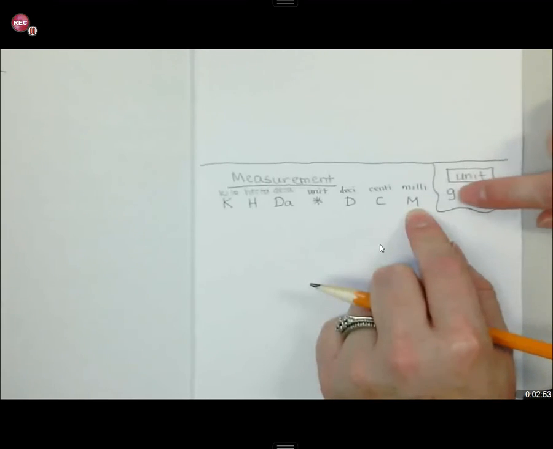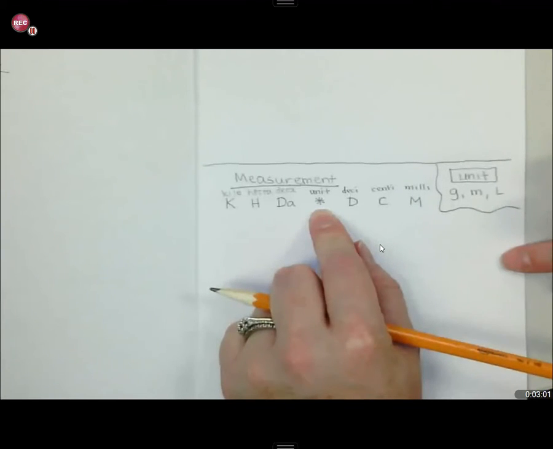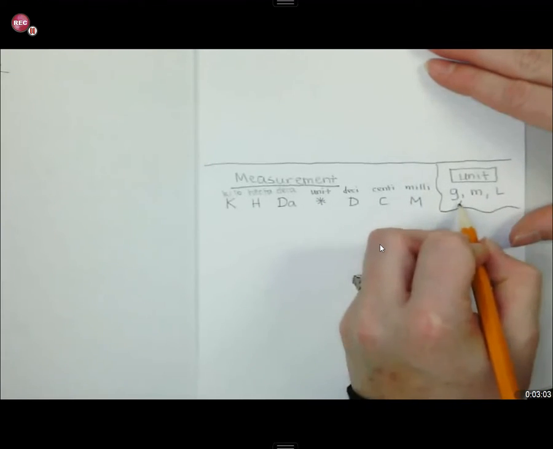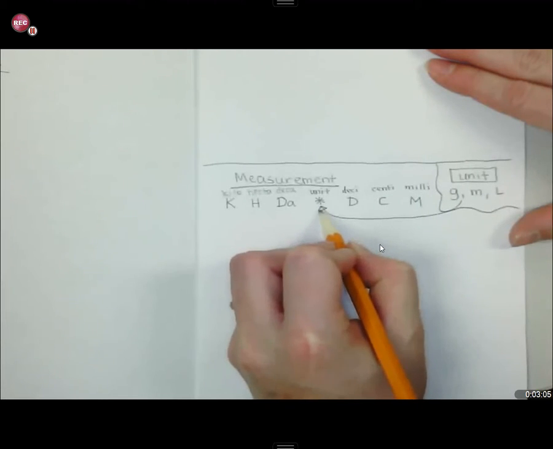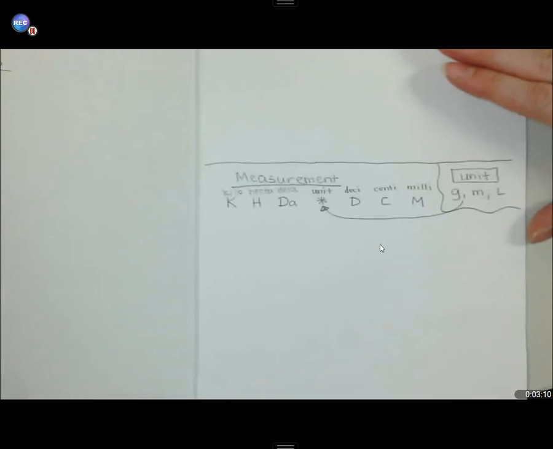If I had mg, milligrams. If I had ml, milliliters. Now, if it was just right here, this is grams, meters, liters. Okay? So this guy is actually going to be right here. So if you need to space it out a little bit more, feel free to do that.